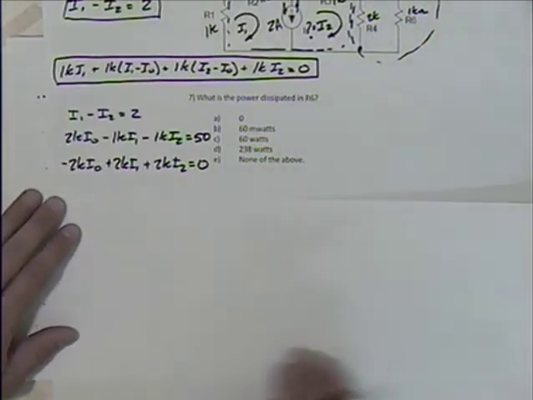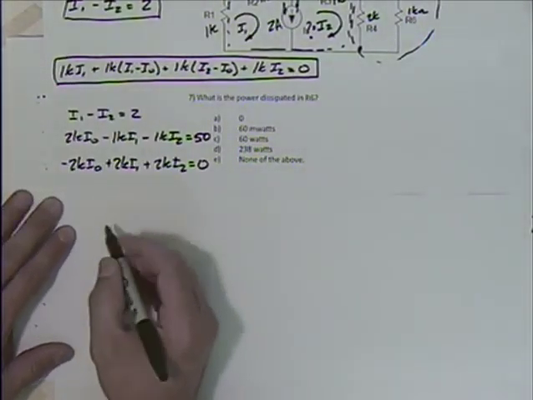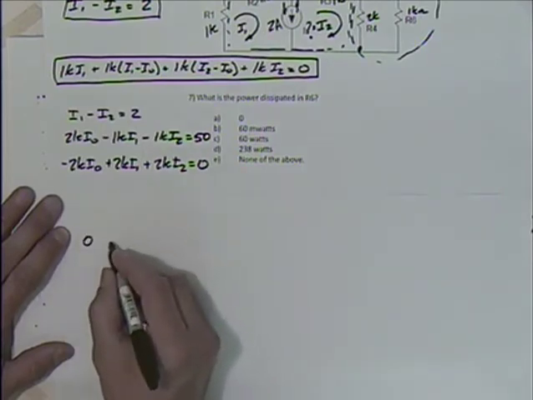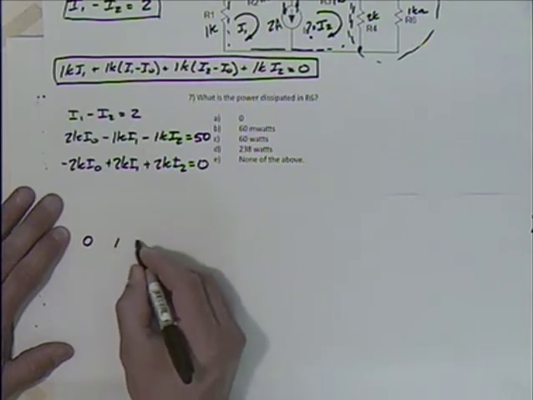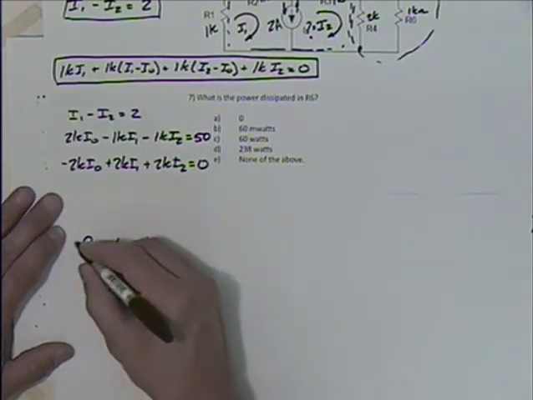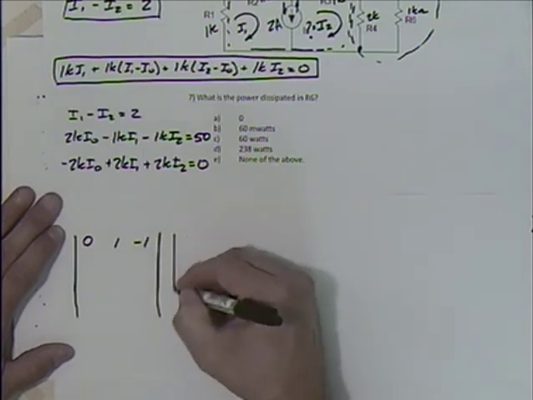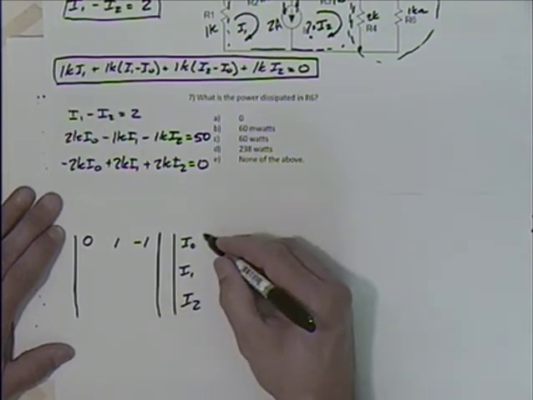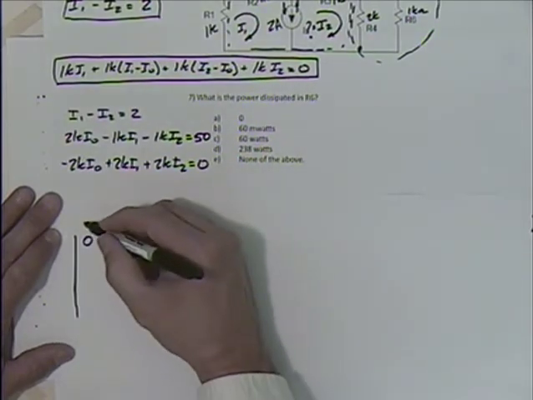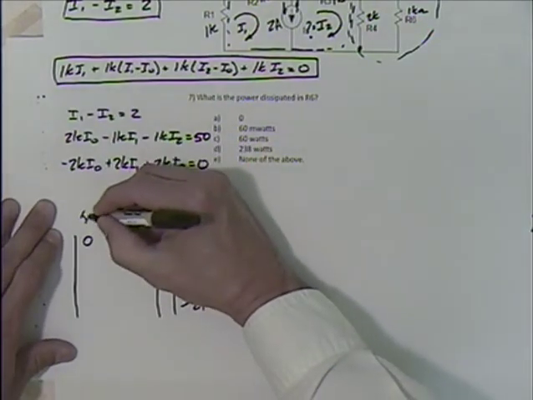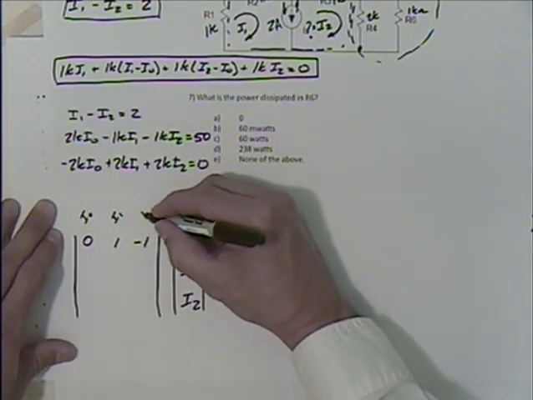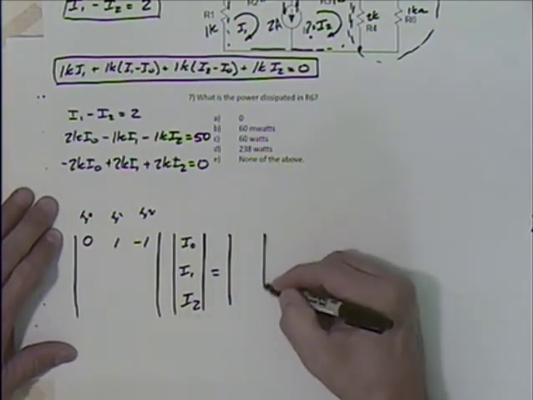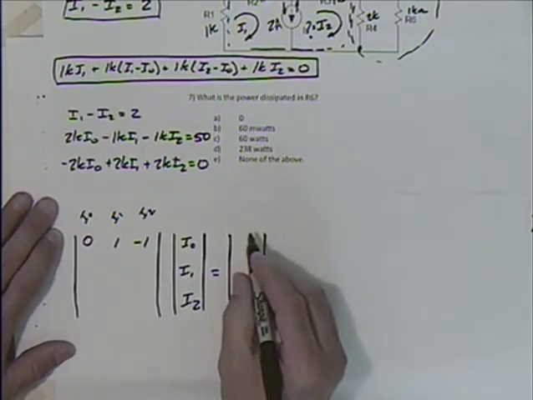Looking at those equations, I have 0 I naught, and then 1 I1, and minus 1 I2. So I'm building a matrix that looks like this: I naught, I1, I2. You could think of this as the I naught column. We usually don't label them like this, but those are the coefficients. And then that's going to be equal to the right-hand side of the equation. So we'll have 2 over here.